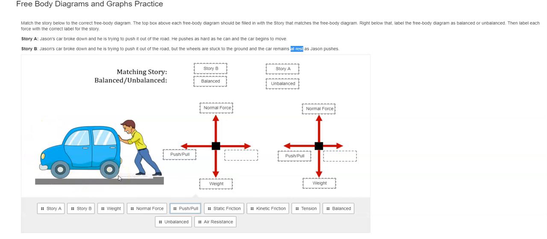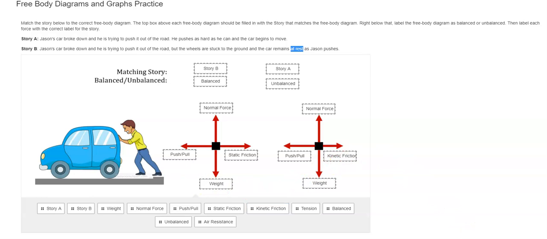This is when the car remains at rest. When it's at rest, that backward force that's opposing motion, that friction, is going to be the sticking friction or static friction. Whereas as soon as it starts moving, it changes from static friction to kinetic friction. So that's how you do these problems.